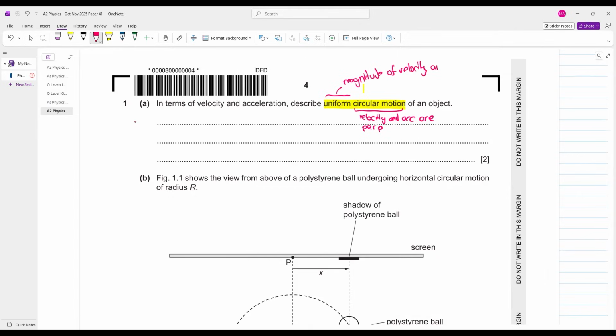So there are two words here, uniform and circular motion. Magnitude of velocity and acceleration are constant due to the uniform. Circular motion means that velocity and acceleration are perpendicular to each other. Let's write this entire thing in a correct grammatical format.